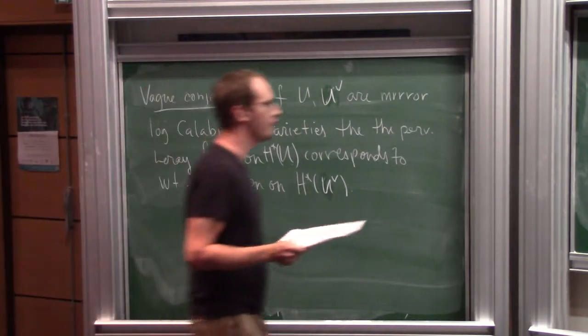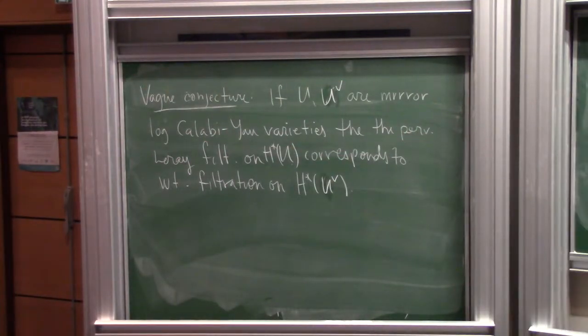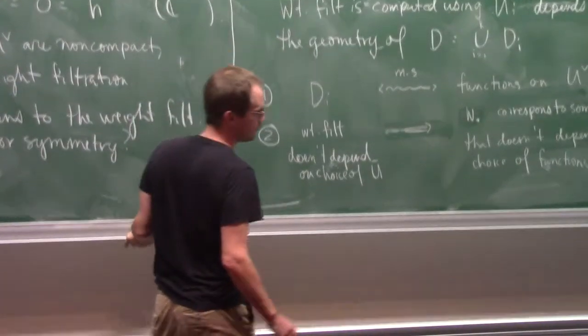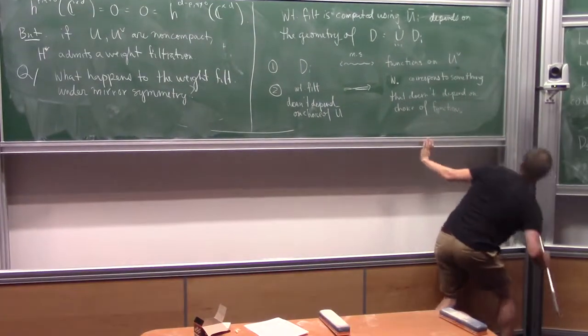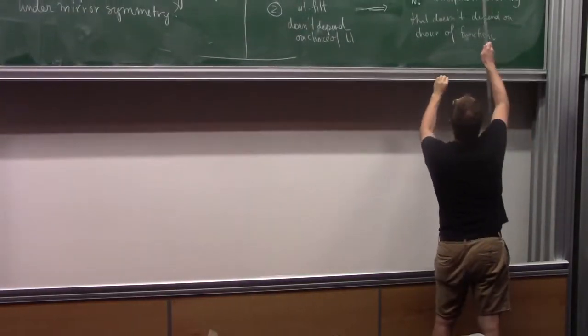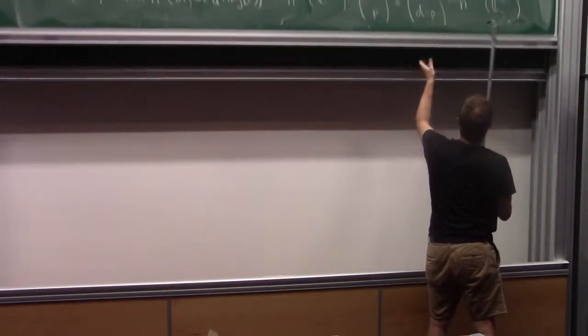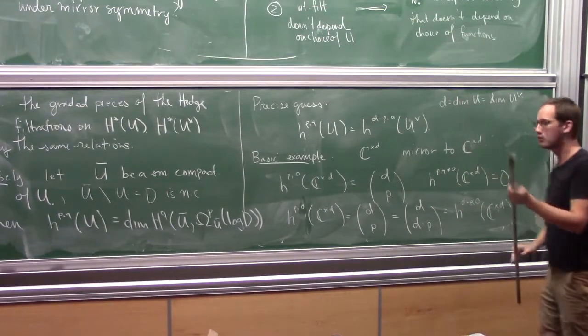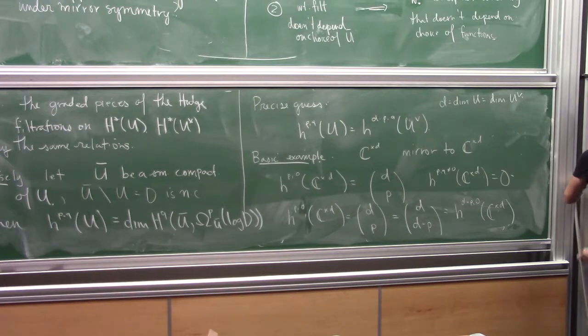Let's state something more precise now. That's including a pretty strong statement that if the weight filtration is non-trivial, then that ring has to be non-zero, basically. But that's not a strong statement because that's somehow pre-built in the mirror symmetry.